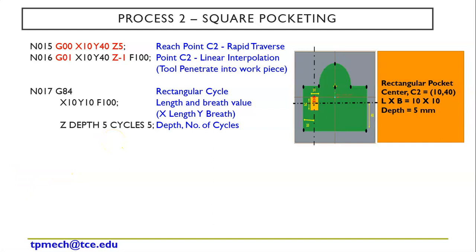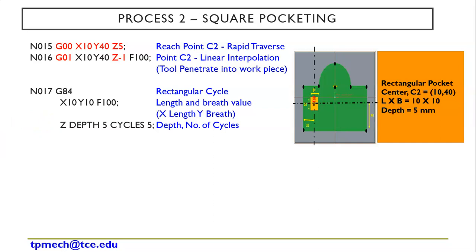The cycles means the number of passes. For example, I need a depth of 5 with 5 cycles, which means every cycle it will remove one depth. If I give cycles as 10 with z depth 5, then every pass it will remove 0.5 units.